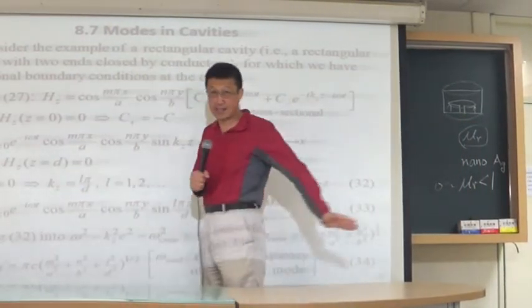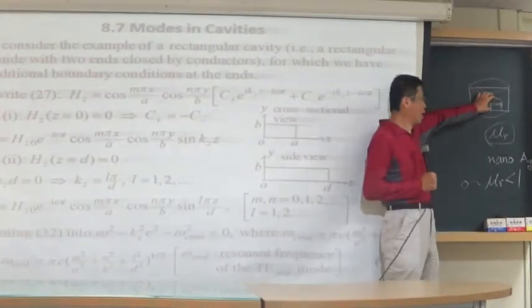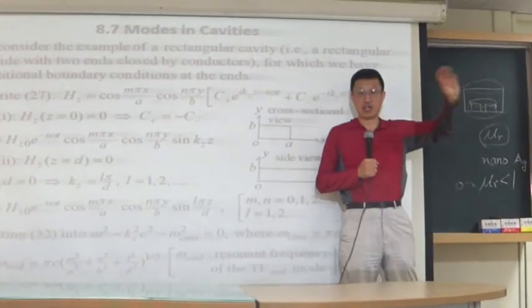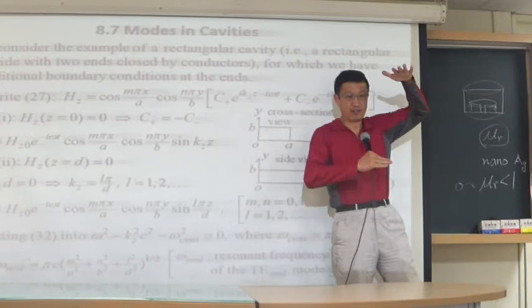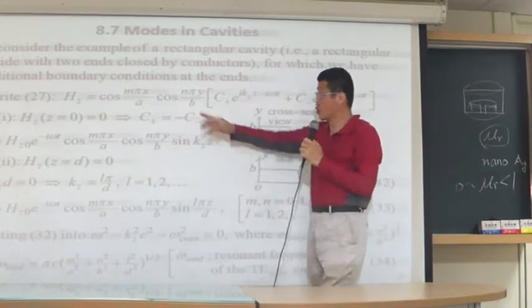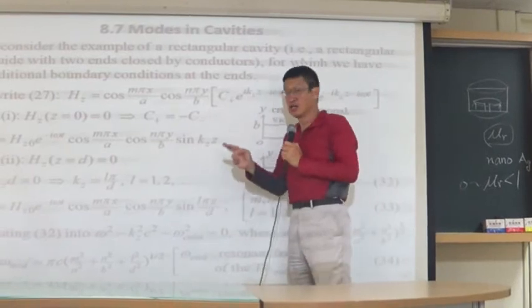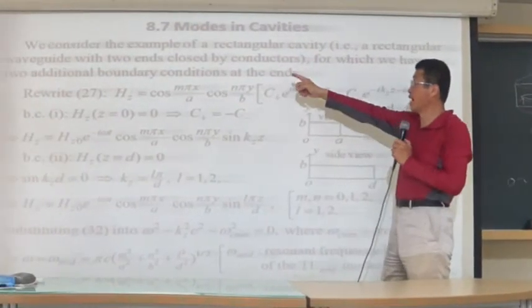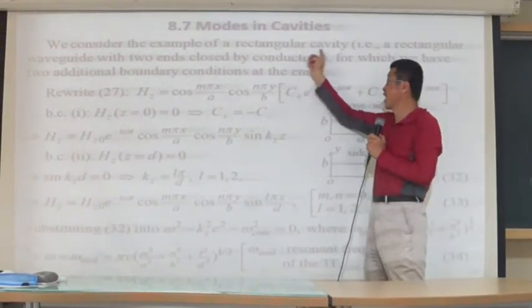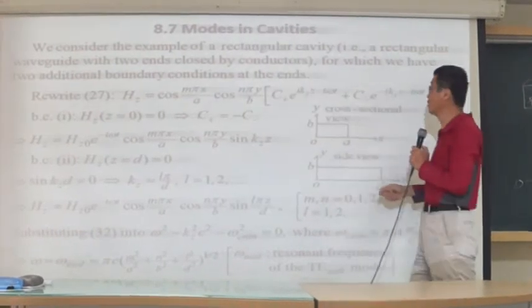Okay, so without this one, it's easy. It's just a cylindrical cavity with both ends closed by conductors. So we will start with a rectangular cavity.